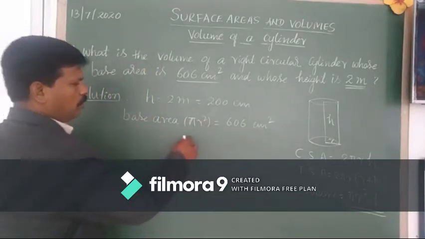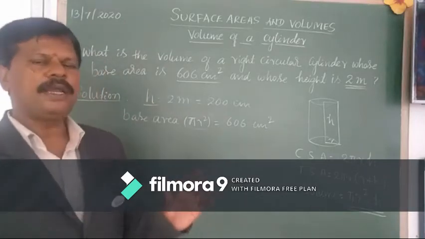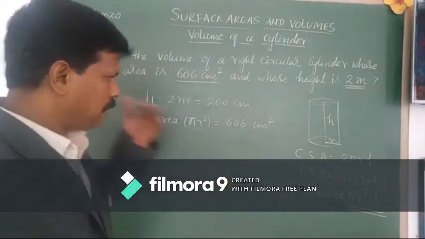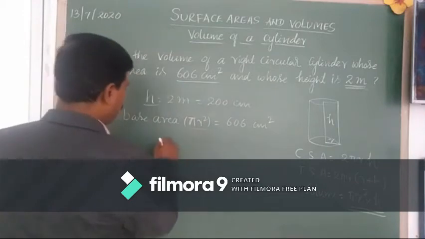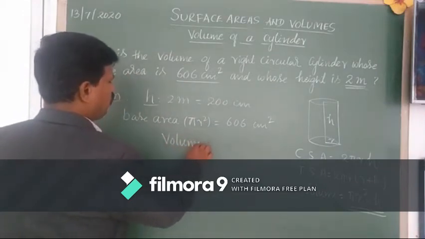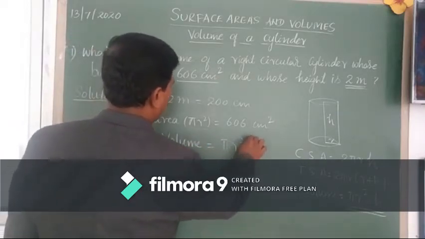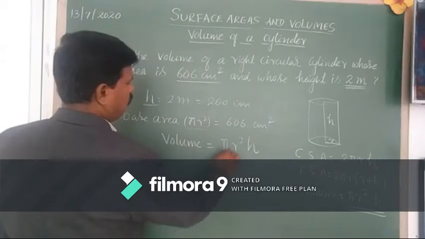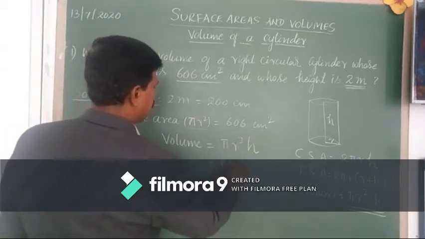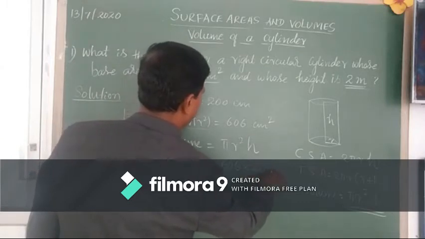So here both the things are given, pi r square and h. So directly write down the formula. Volume is equal to pi r square h. Now pi r square is 606 into h is 200.